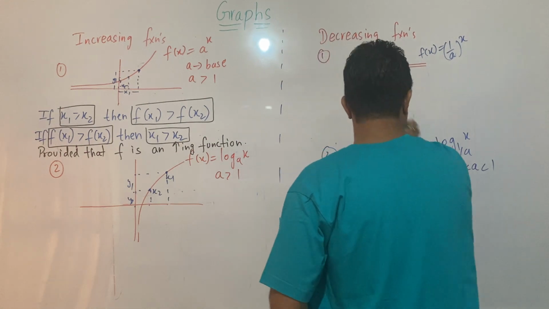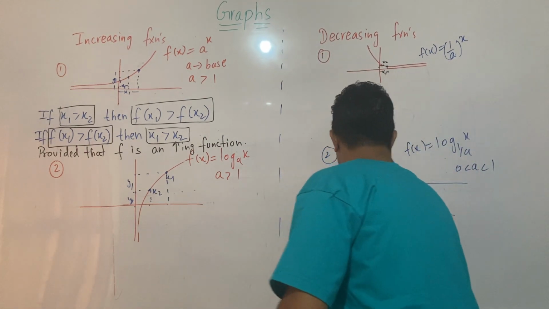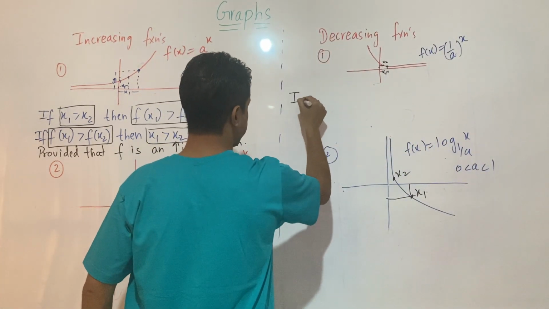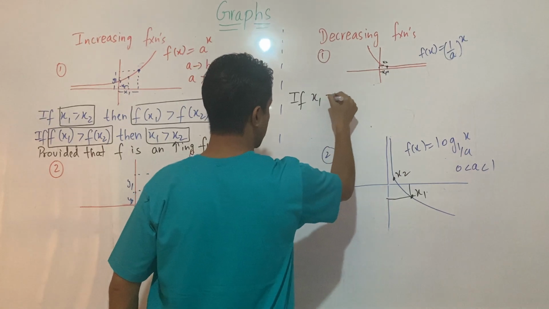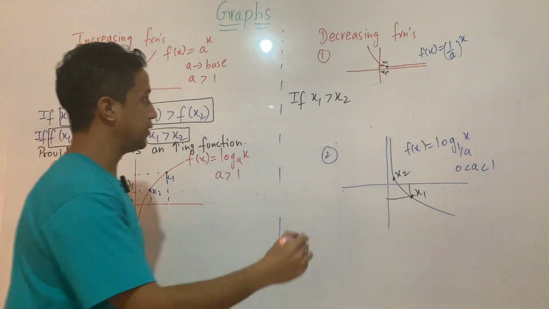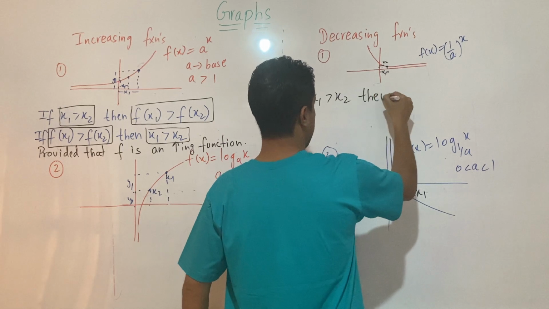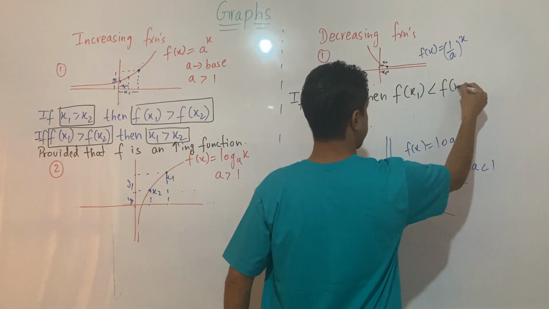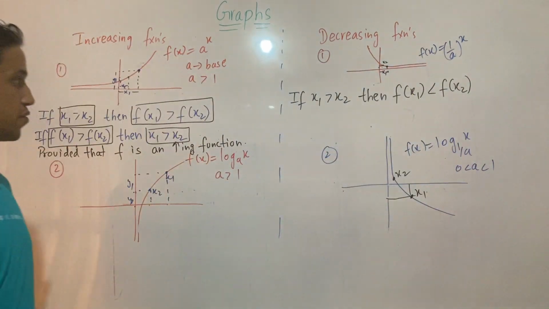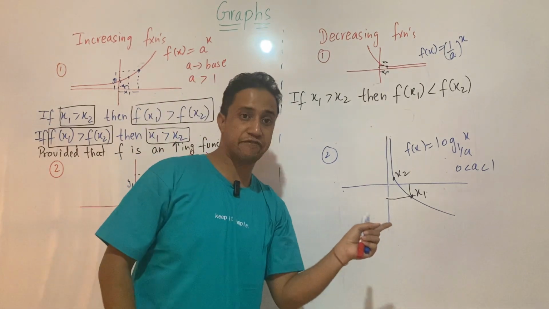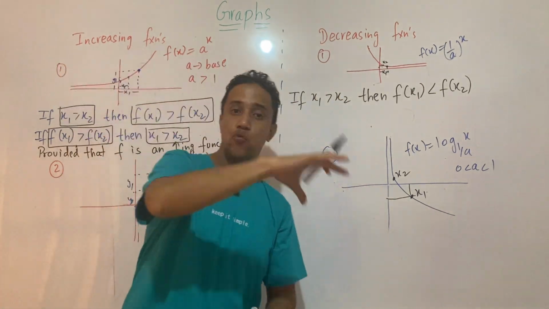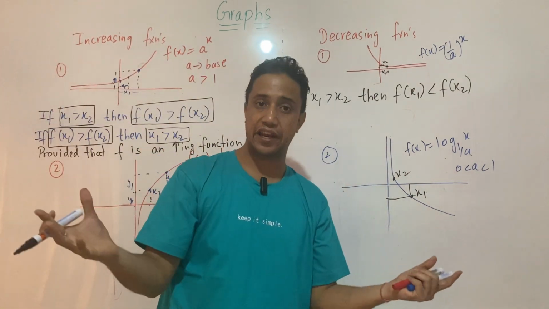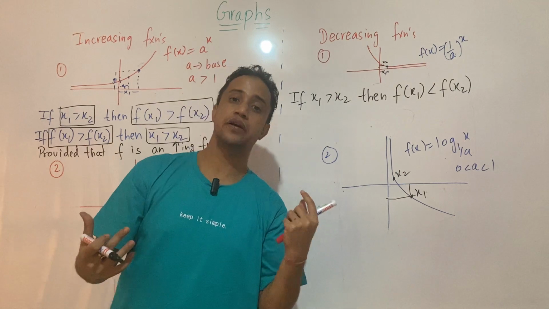Just for your own notes, if x1 is greater than x2, then f of x1 is going to be less than f of x2, because this is a decreasing function, and when you apply the function to the inequality, the sign just gets reversed.